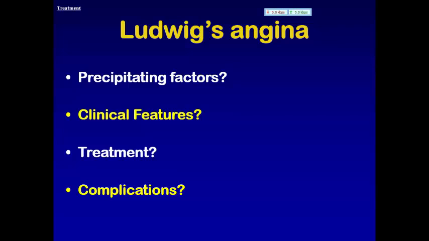About the clinical features of Ludwig's angina: there is fever, the patient looks toxic, and there is diffuse swelling at the region affected, dysphagia, and trismus. Also characteristic is intraoral edema, which is common, and browny swelling in the submandibular region.